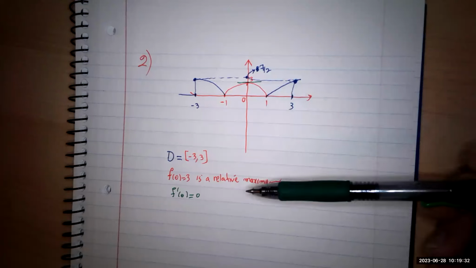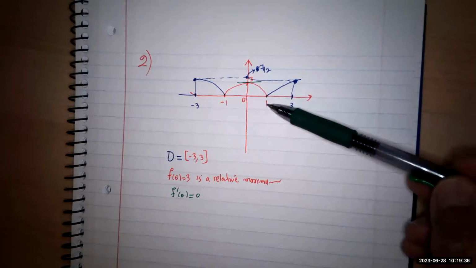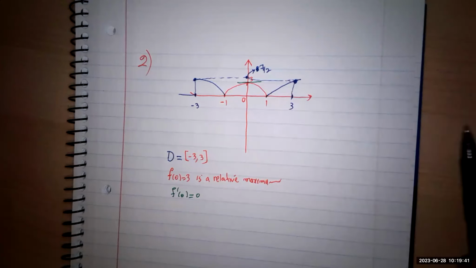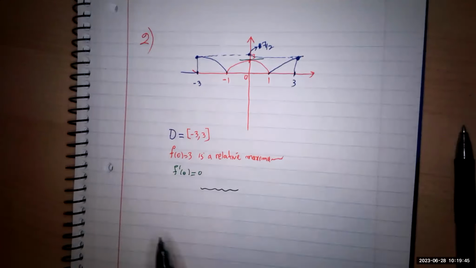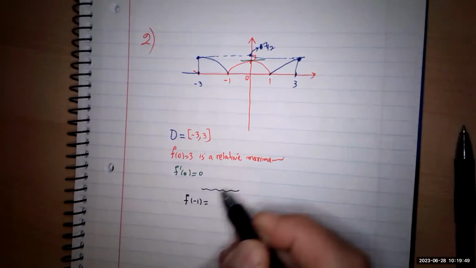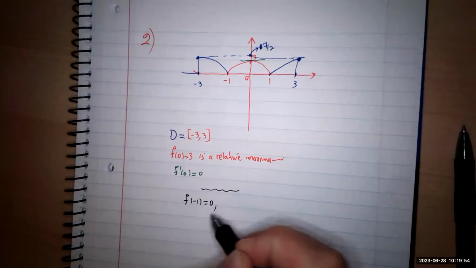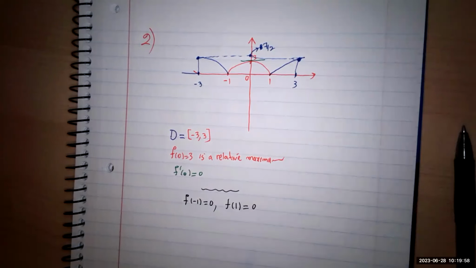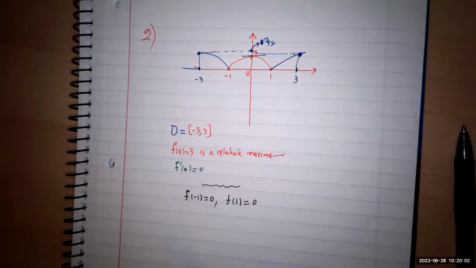Now, where are we going to get the value of the function to be 0? You see, at -1 and +1, they are x-intercepts. So you note that f of -1 is equal to 0, and f of 1 is also equal to 0. Okay, so this means 0 is the bottom of your function.